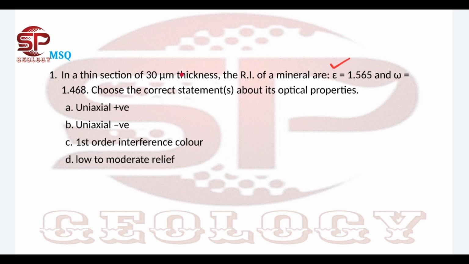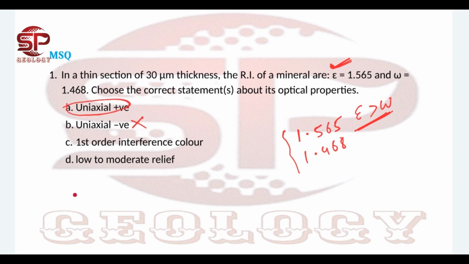So mineral thin section 30 mm, then this is your epsilon that has a value 1.565 and omega has a value of 1.468. So from which you can see epsilon is greater than omega. So when epsilon is greater than omega, it is uniaxially positive. So this will be the correct option. The negative will be incorrect.